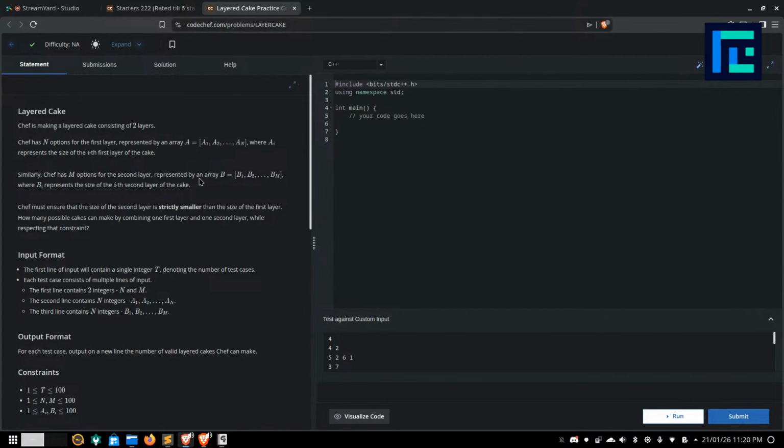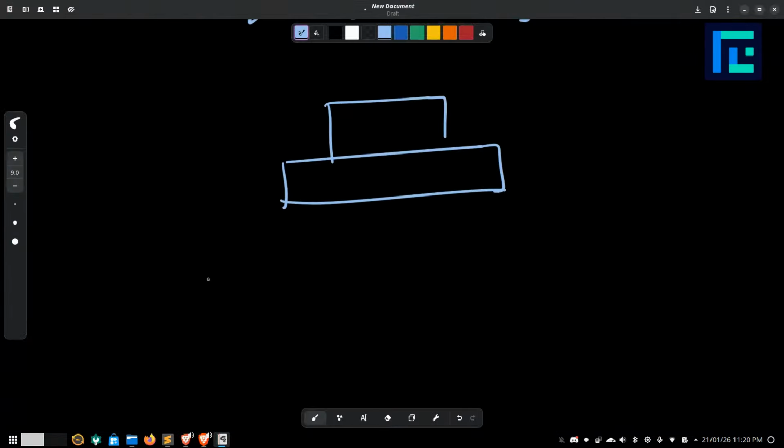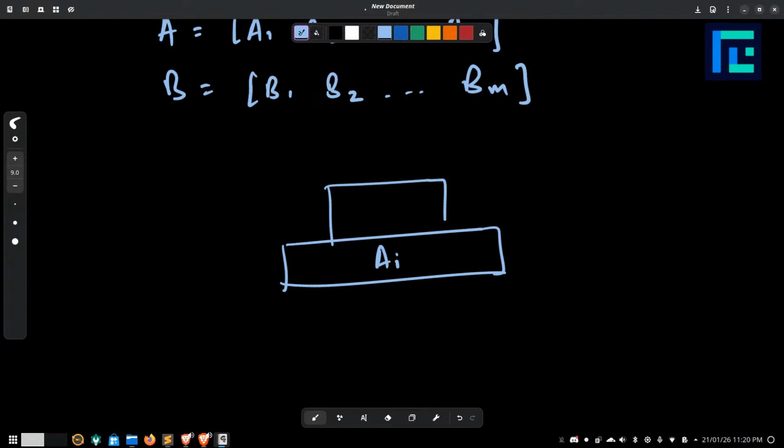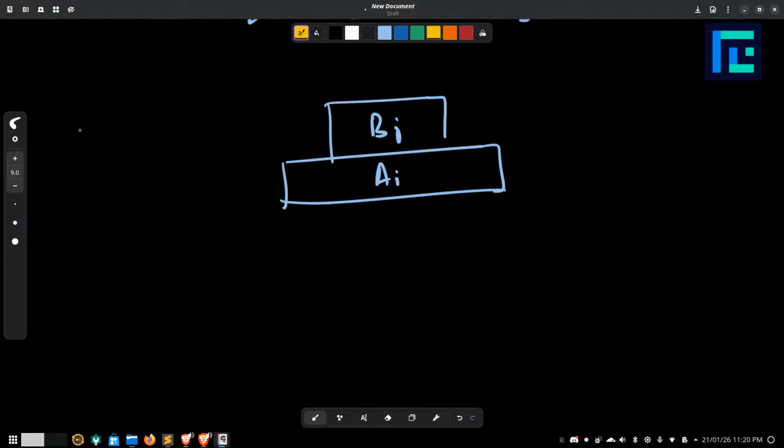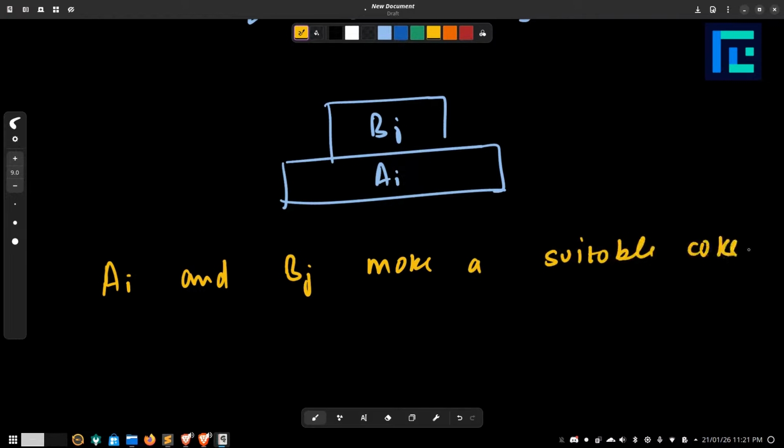The m options for the second layer are from the array B and the n options for the first layer are from the array A. So basically this is some Ai and this is some Bj, and we are given that Ai and Bj make a suitable cake if Ai is strictly greater than Bj.